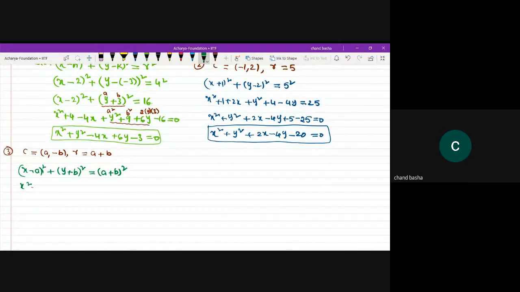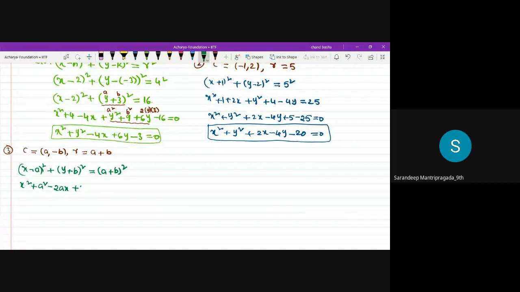Yes, tell me, Sarandeep. Sir, x square minus 2ax plus y square plus 2by minus 2ab equals to 0. So first you can write in general form. First x square, next y square. After that, x, y, and then constants. Correct? Yes, sir. Any constant? Sarandeep, can we have any constant?